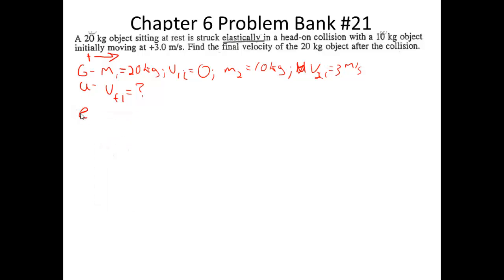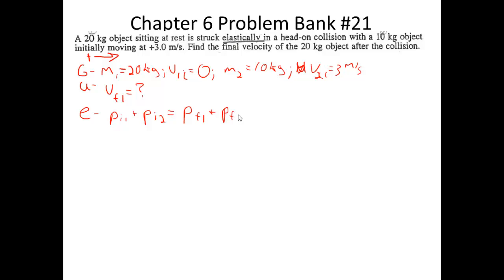So our equations are going to be, one is going to be our conservation of momentum, which is going to say the momentum initially of the first object plus momentum initially of the second object is equal to the final momentum of the first object plus the final momentum of the second object.